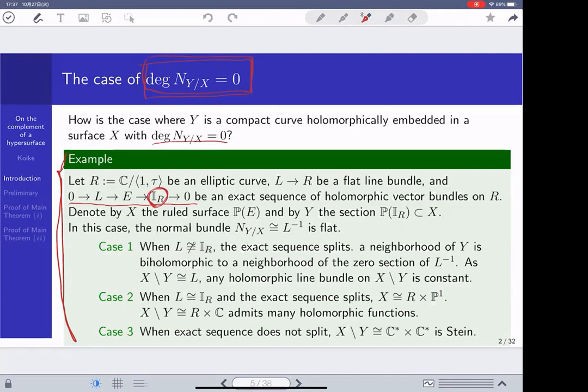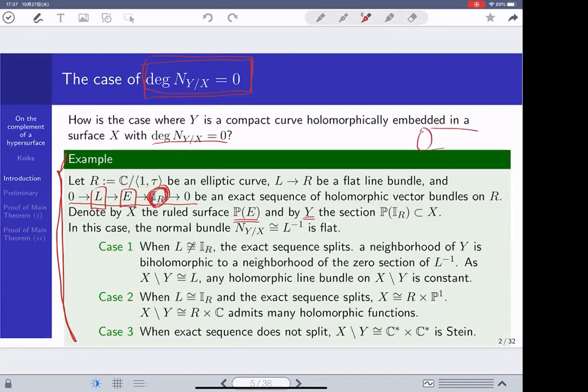So this one is a line bundle, and L is a flat line bundle. So E is a vector bundle over R of rank 2. Denote by X the ruled surface corresponding to E, and denote by Y the section which corresponds to this topologically trivial line bundle.